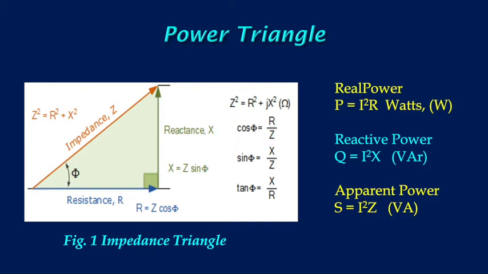In an AC circuit, the voltage and current waveforms are sinusoidal, so their amplitudes are constantly changing over time. Since power is voltage times current, P equal to V into I, maximum power will occur when the two waveforms are lined up with each other, or voltage and current are in phase.